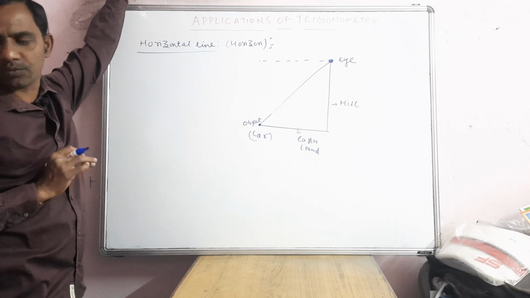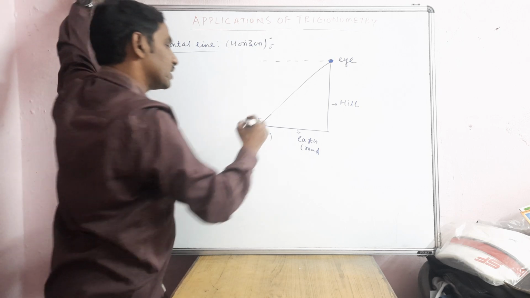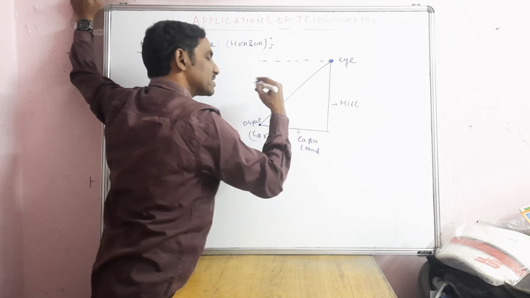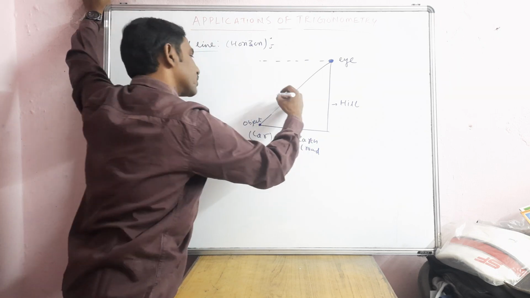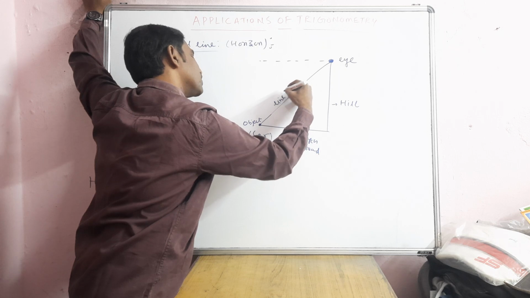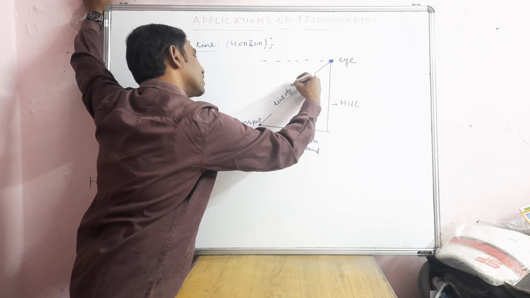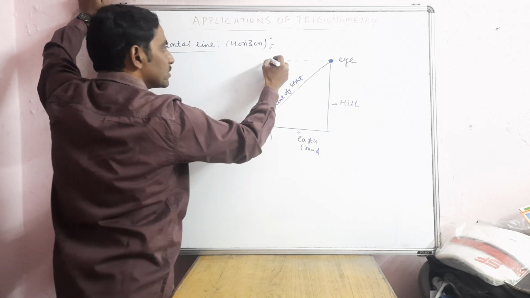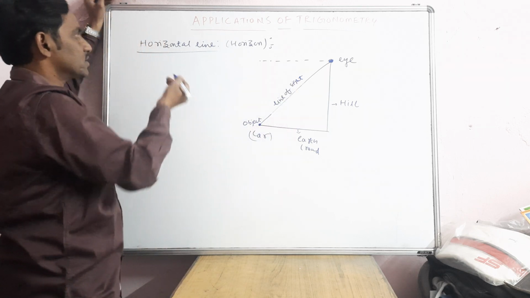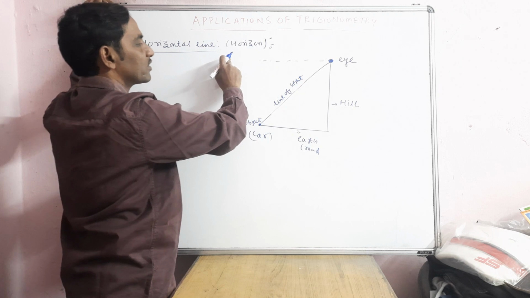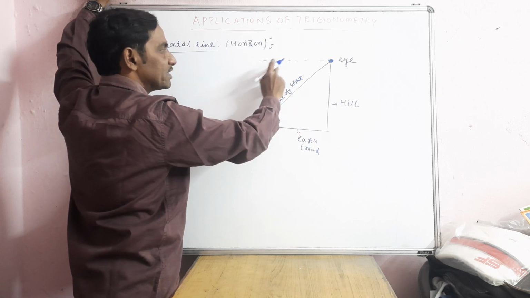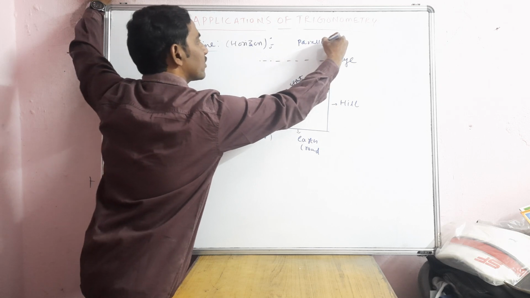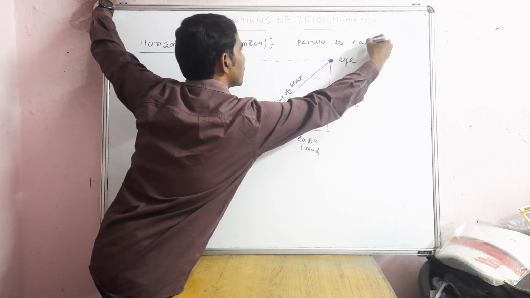Now coming to the next: what is the line of sight? It is the imaginary line joining the object and the eye. Now, for the horizon or horizontal line, you have to write: it is a line drawn parallel to the earth or road.